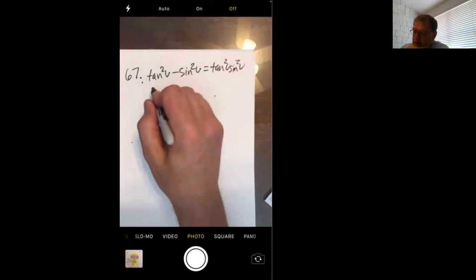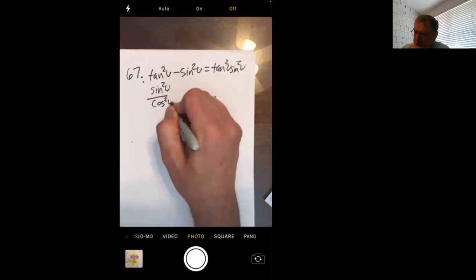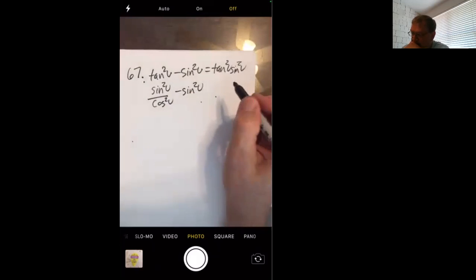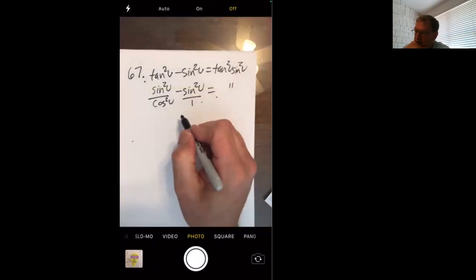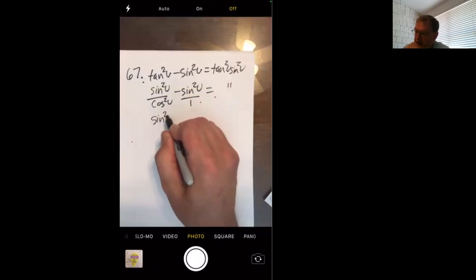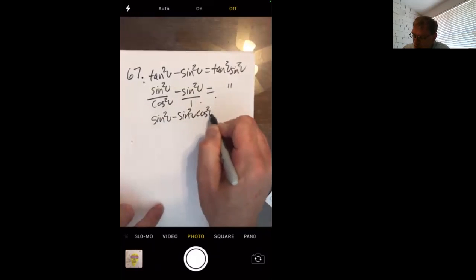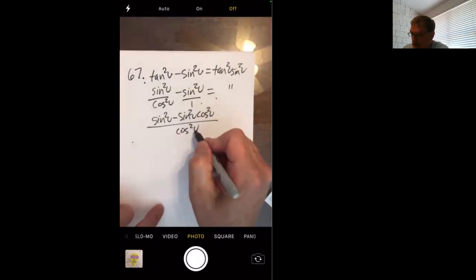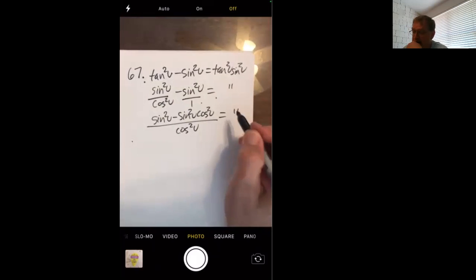Let's go to sines and cosines. Equal to that product. Common denominator, which would give you sine squared of u minus sine squared times cosine squared of u all over cosine squared of u. So put it over, you get a cosine squared on the bottom, and put it up, and you write them together there, a product.